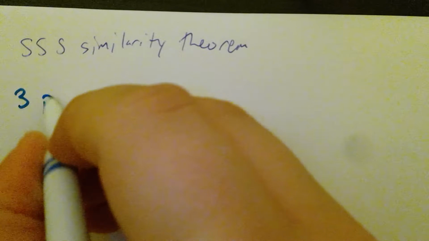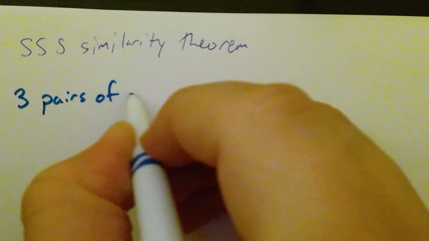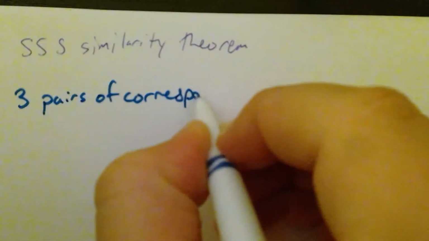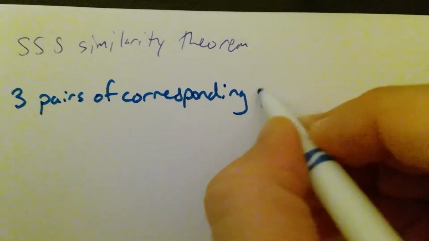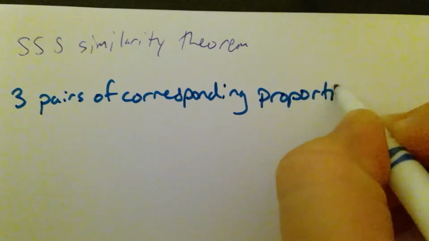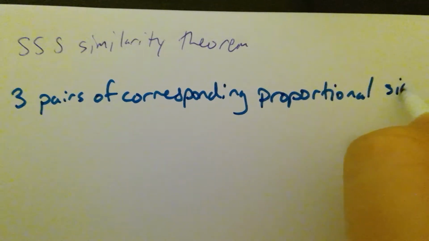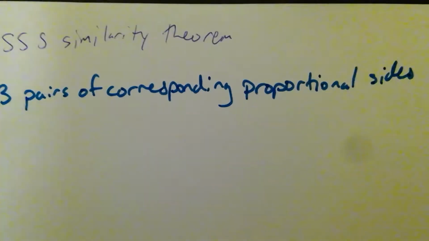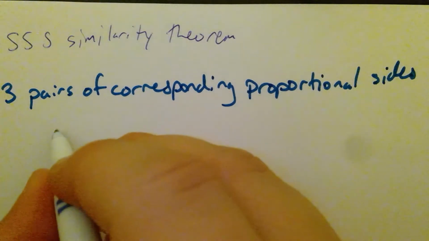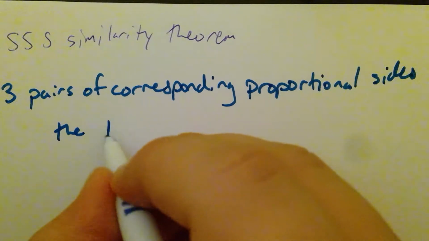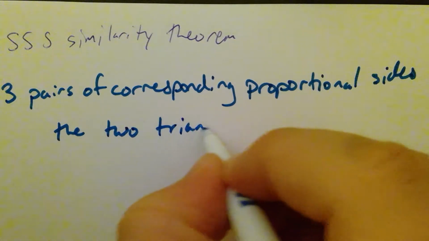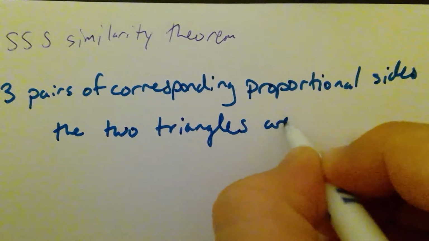Our next theorem is the side-side-side similarity theorem. This means we have three pairs of corresponding proportional sides. Okay? The two triangles are similar.